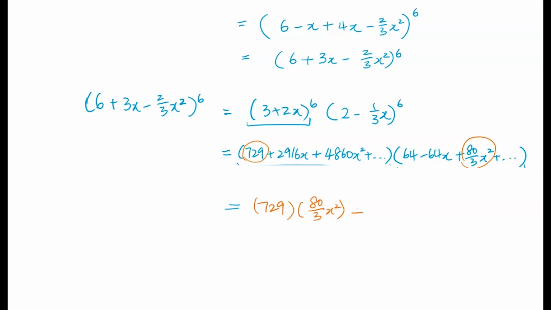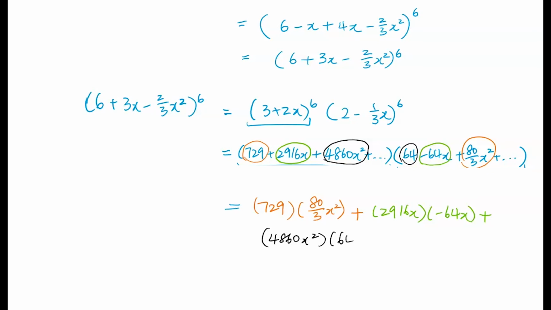Plus the next one, let me use a green color maybe. 2916x can be multiplied with negative 64x. So that is plus 2916x times negative 64x. Plus the last one, I'll use black: 4860 x squared can be multiplied with 64, plus dot dot dot. The dot dot dot is all those that I didn't bother to multiply.